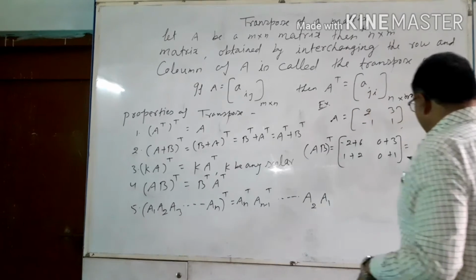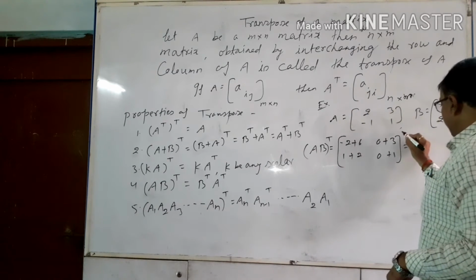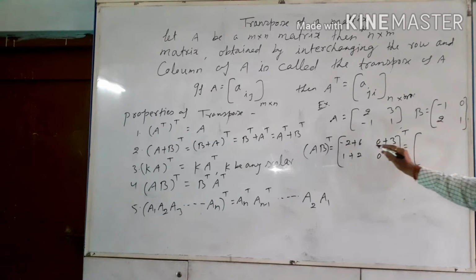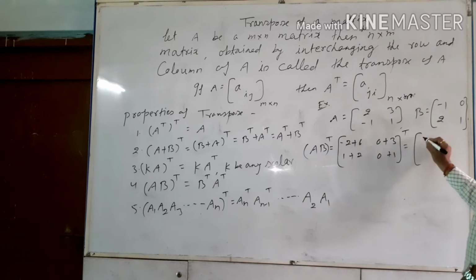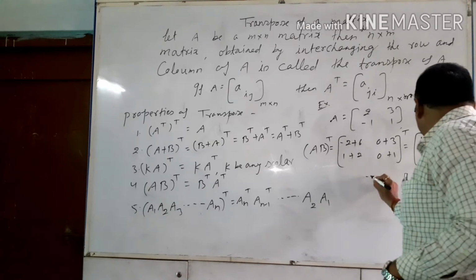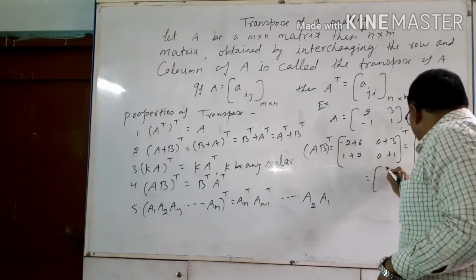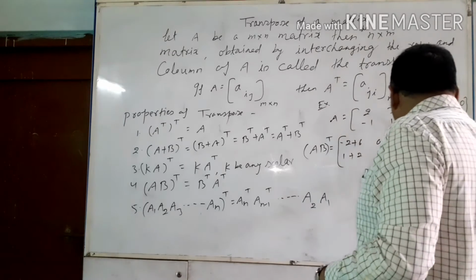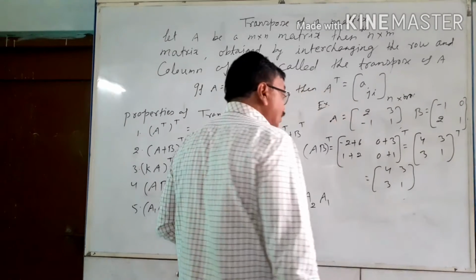What will be the result here? It becomes 4, 3, 1, 1. And what is the transpose? The transpose is obtained directly; the row has been changed into column.